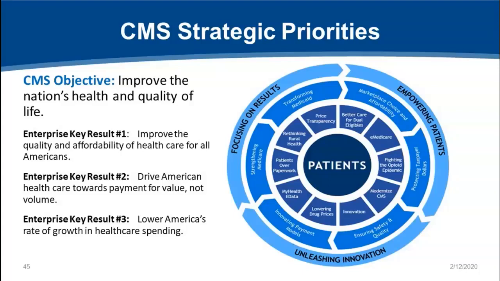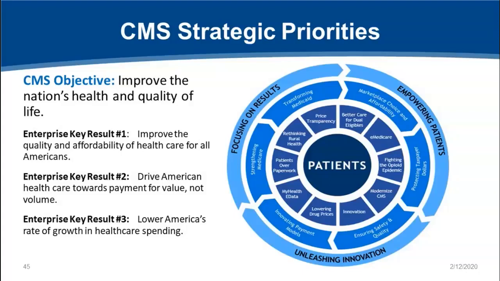We've done countless listening sessions, I believe, early on in her position, the administrator did kind of a tour, talking to patients, talking to their caregivers and their families, et cetera, really to hear what was concerning to them. And that's how some of these things got on the list, really, prioritizing rural health, prioritizing data and having that access, lowering drug prices, et cetera.